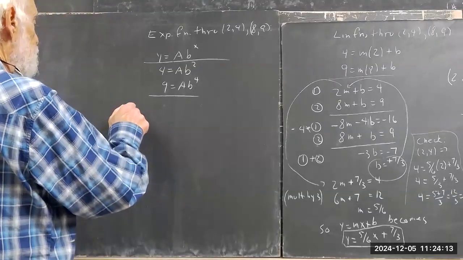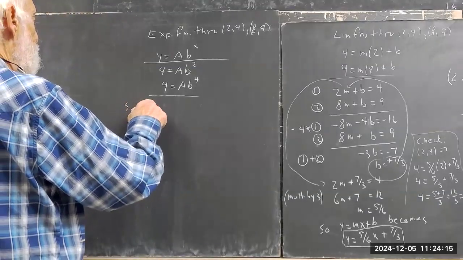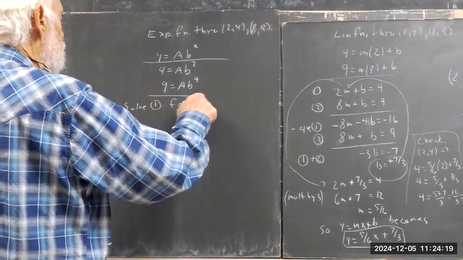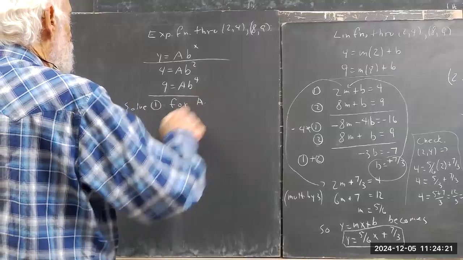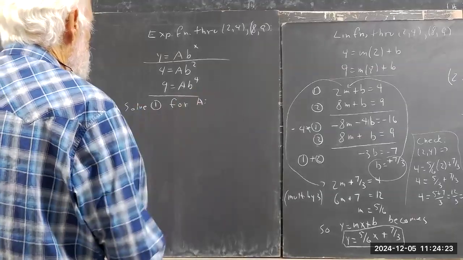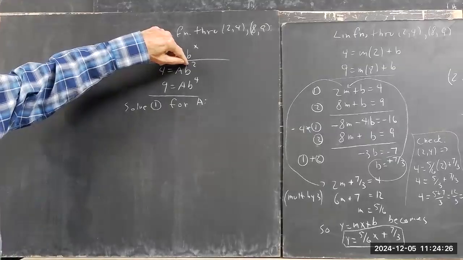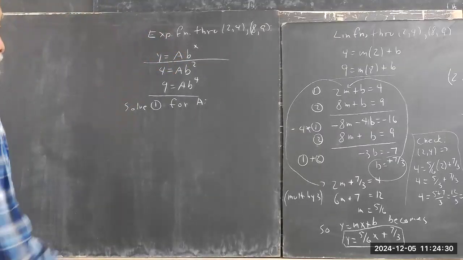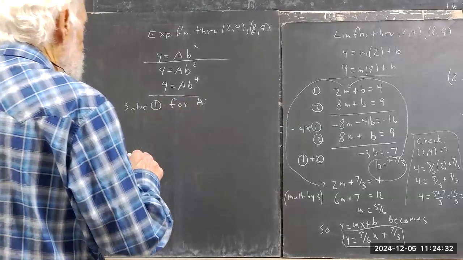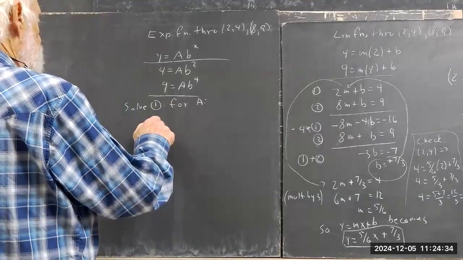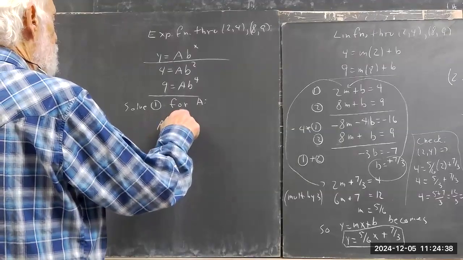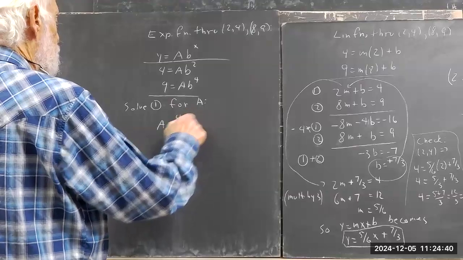So we solve equation 1 for A. We could solve it for B, but we would get more complicated expressions. Probably easiest to solve equation 1 for A. Then we get A equals 4 over B squared.